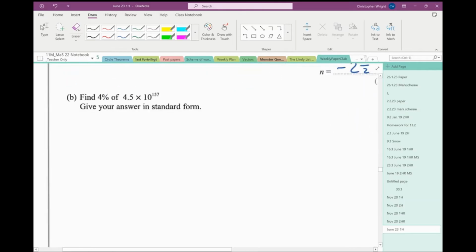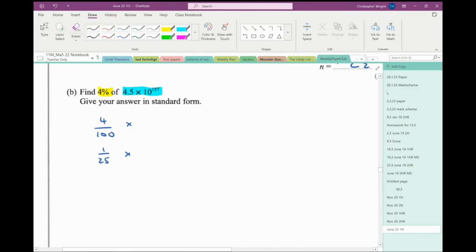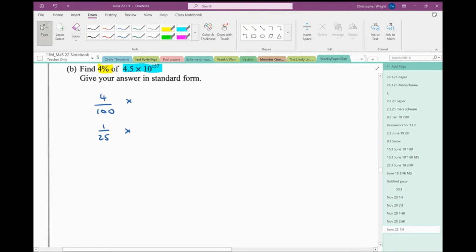Part B. Find 4% of this number. Well, 4% of that, there are lots of different ways of doing it, but 4% of is 1/25th of, which is simply the number divided by 25, isn't it?